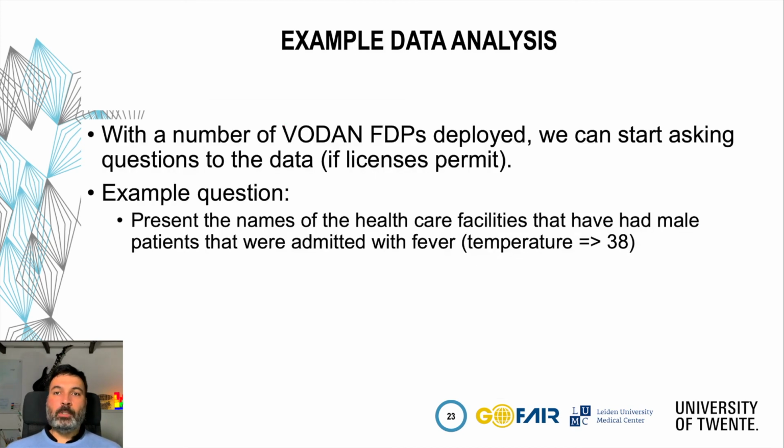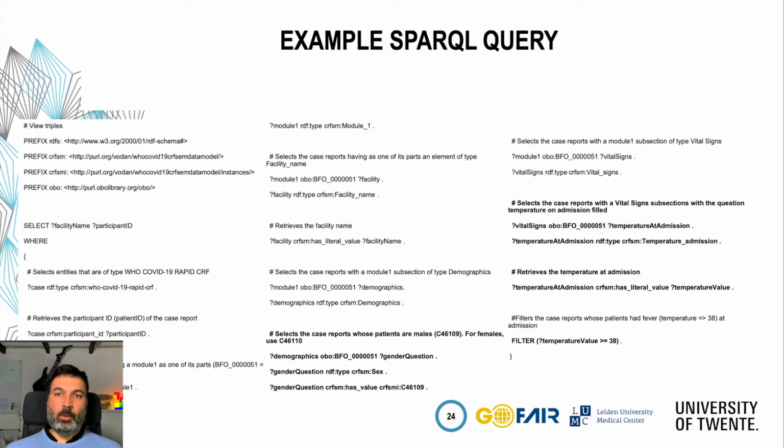To demonstrate the possibilities for querying or analyzing data from different VODAN FAIR Data Points, we have an example question. Which care facilities have male patients that were admitted with temperatures over 38 degrees, meaning they were admitted with fever? This is the corresponding SPARQL query that is here just as documentation.